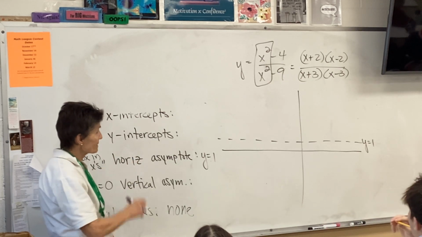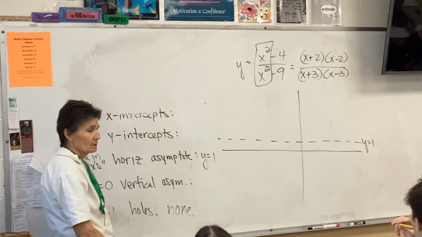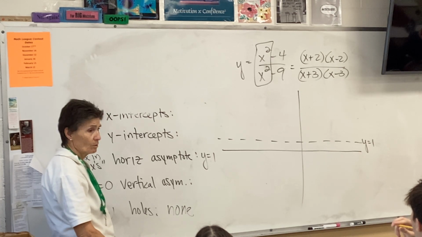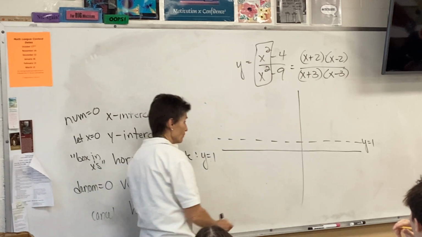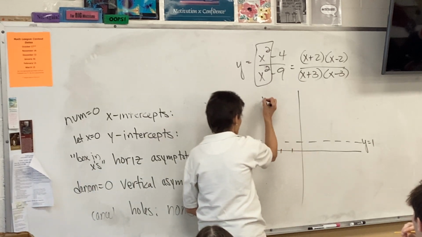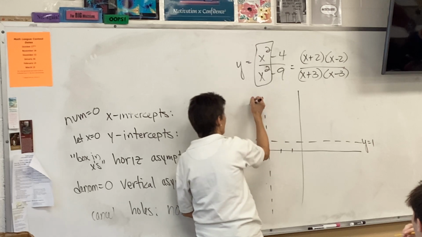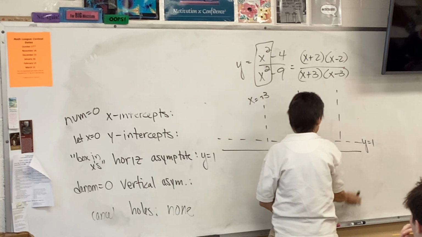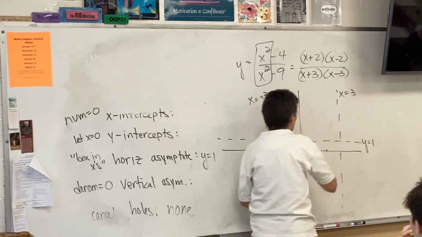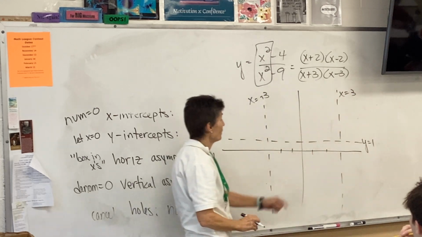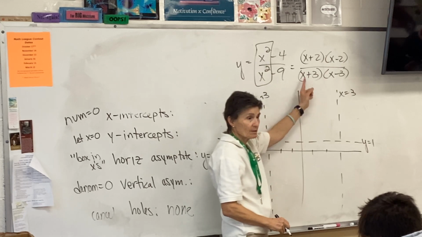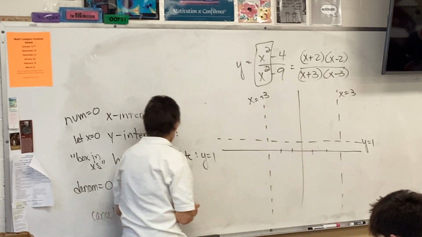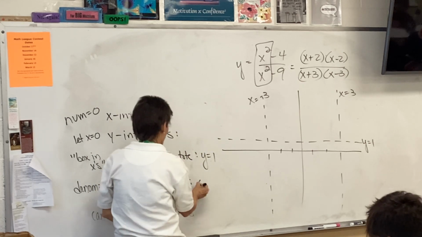So what makes the denominator 0? Either -3 or positive 3. They're both vertical asymptotes. Anything that makes the denominator 0 is going to be a vertical asymptote. And since there are 2 numbers that make the denominator 0, if you put a -3 in, you get a 0. If you put a +3 in, you get a 0. They are both vertical asymptotes.